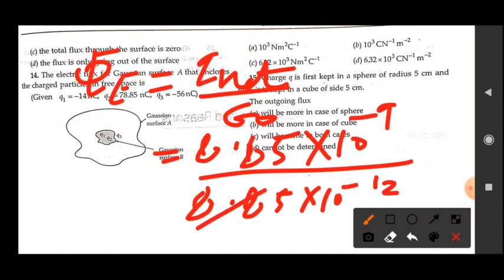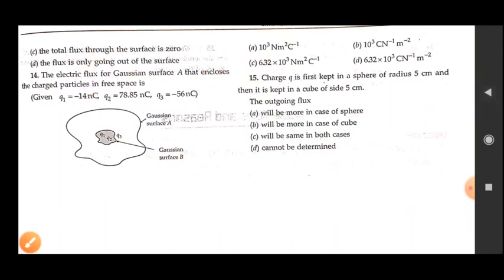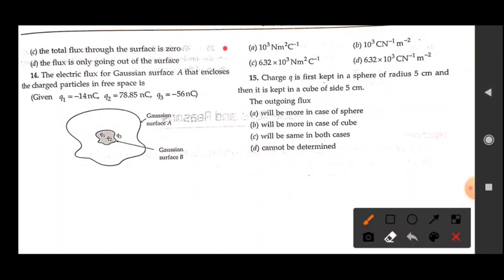So the 8.85 will cancel out, and taking 10 power minus 12 upward, you will get 10 power 3 as the answer. This answer is correct. Why is it correct? You can see the unit: Newton per coulomb meter square. This unit is correct. The other unit is wrong, that's why that option will not be correct.